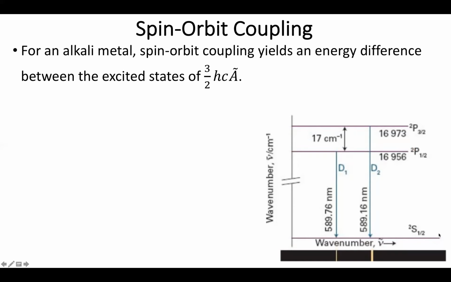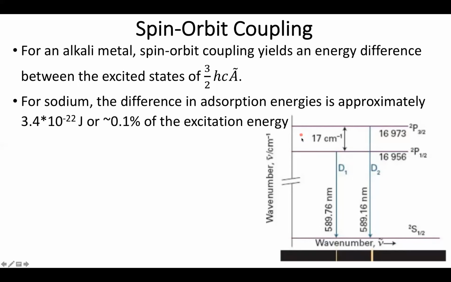So we're going from no spin orbit coupling to this 3/2 difference. And it turns out that for sodium, this has a value of 17 inverse centimeters, or about 3.4 times 10 to the negative 22 joules.